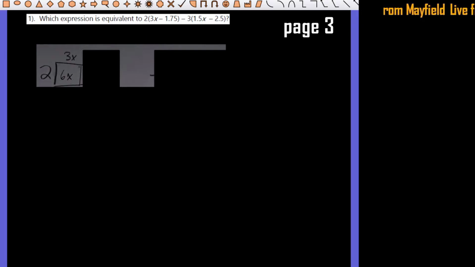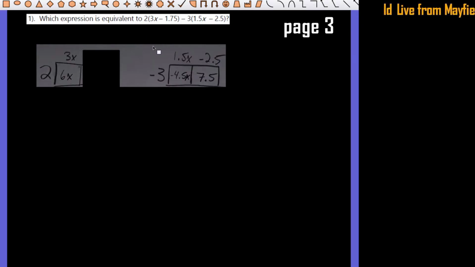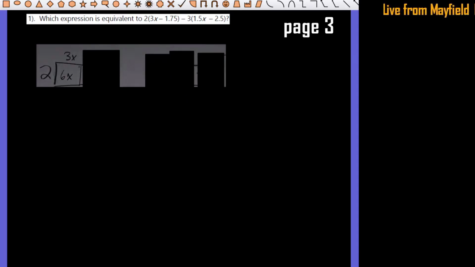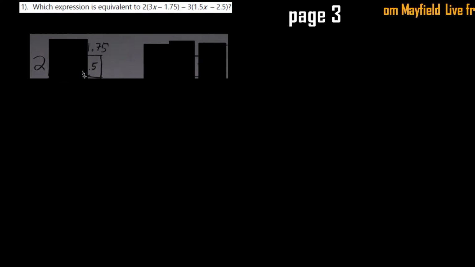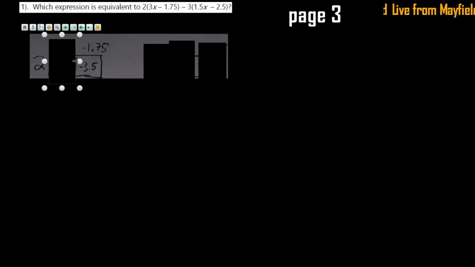I actually do two of those. All we're doing is this: 2 times 3x is 6x, and then 2 times a negative 1.75 is negative 3.5. We write the product inside of that little box so you can see what we're working with.